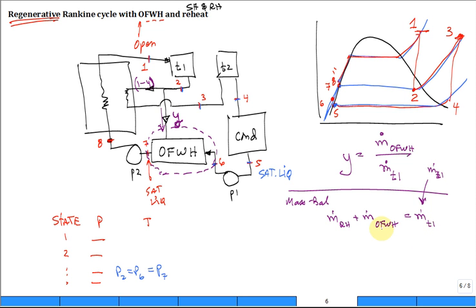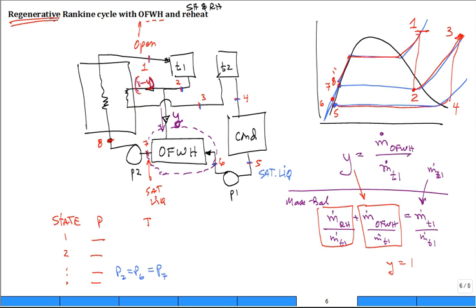Take this equation, divide by m dot T1, m dot T1, m dot T1. Recognize that this is our definition of Y. And so we have Y plus this mass flow rate fraction that goes for the reheating is equal to 1, and you just conclude that this is 1 minus Y. I don't know if that's too obvious, that if Y is diverted down, 1 minus Y continues.